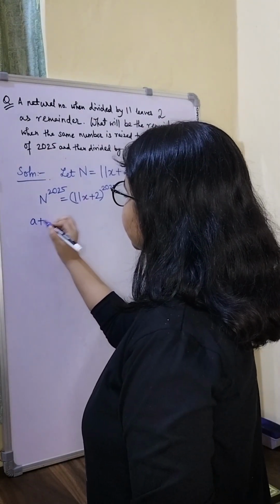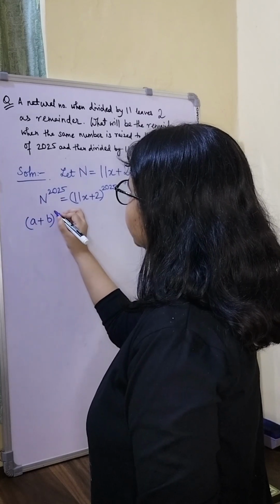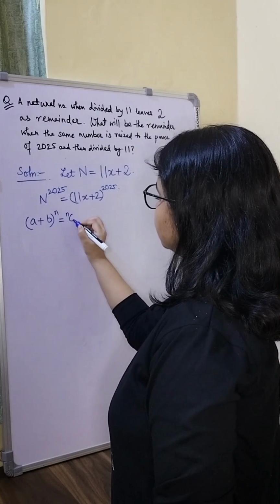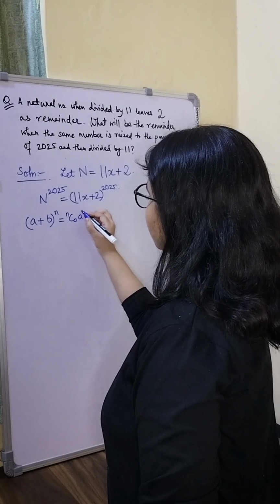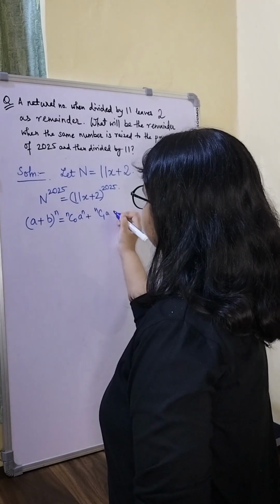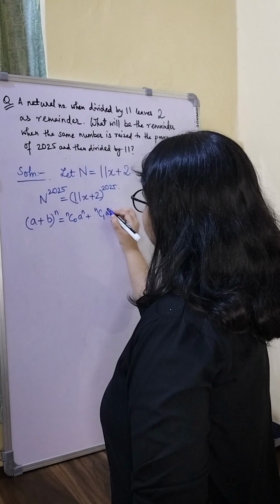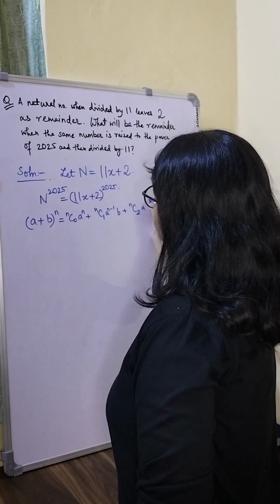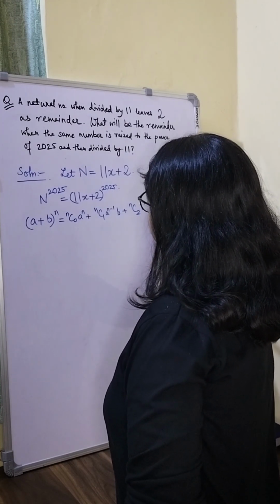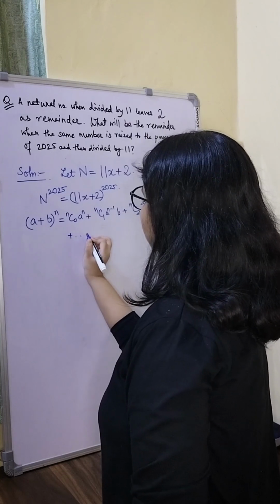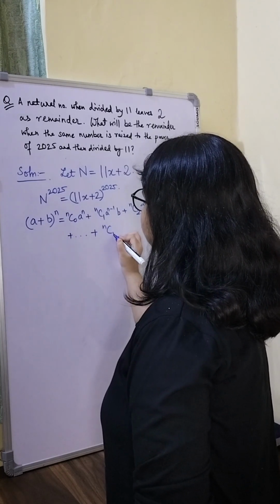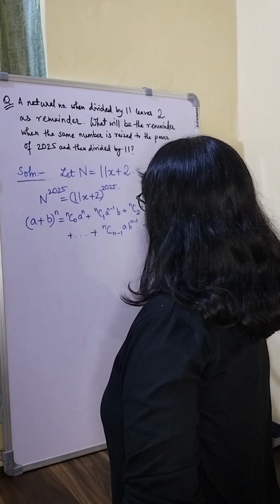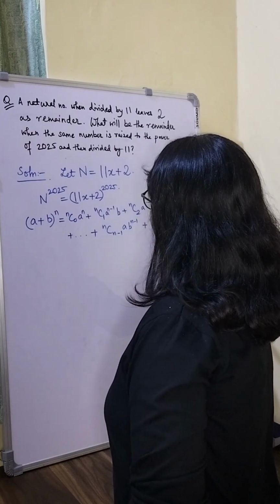We know that a plus b whole to the power of n gives us nC0 a to the power of n, plus nC1 a to the power of n minus 1 into b, plus nC2 a to the power of n minus 2 b square, plus and so on, plus nC(n minus 1) a b to the power of n minus 1, plus nCn b to the power of n.